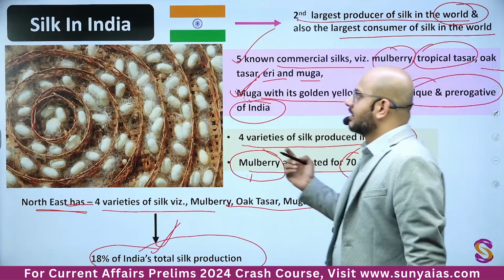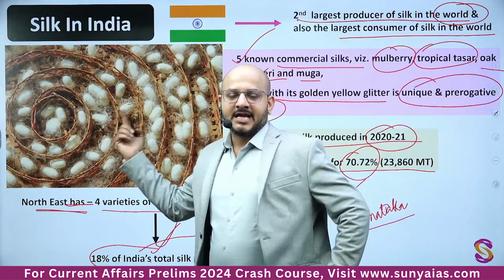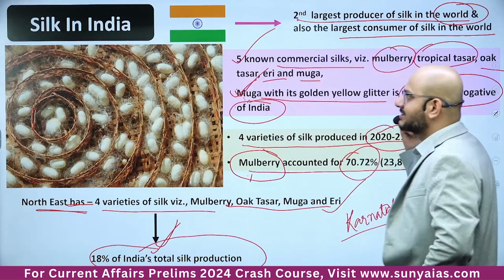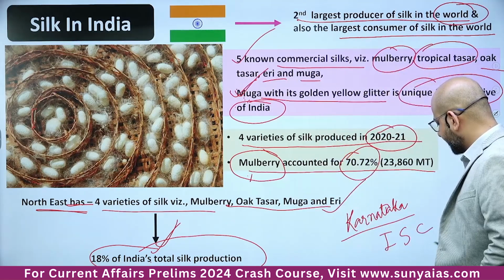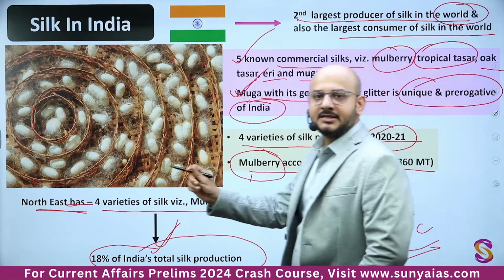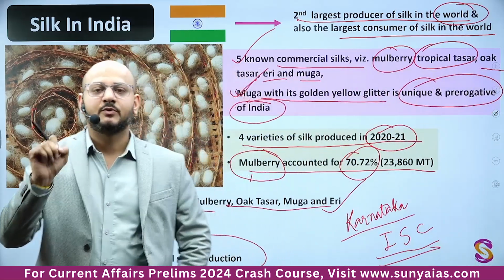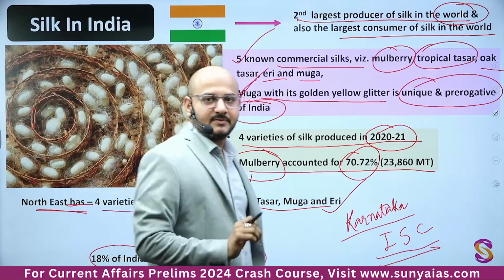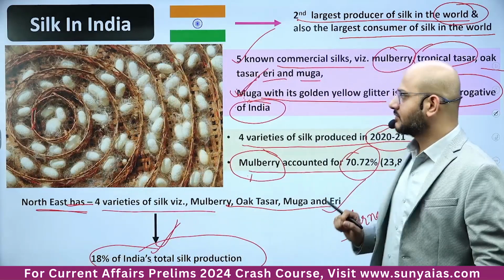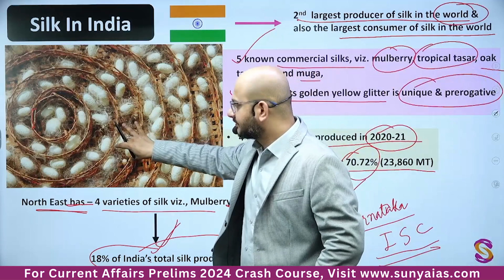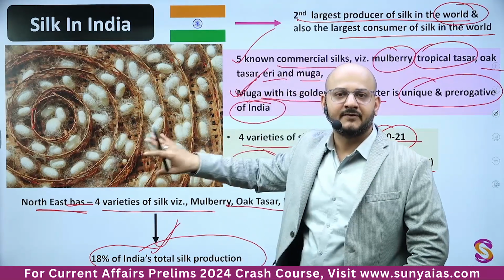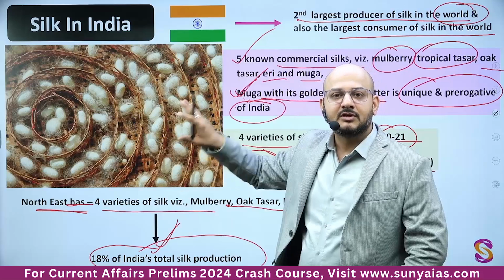Okay. So, international silk cities. Recently, Bangalore has been included into international silk cities, therefore it was also in the news. Here you will understand that silk production has been the preoccupation of India even before the colonial times.